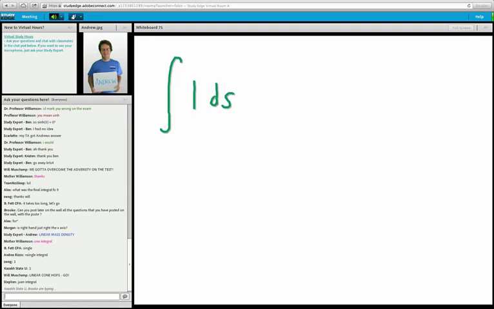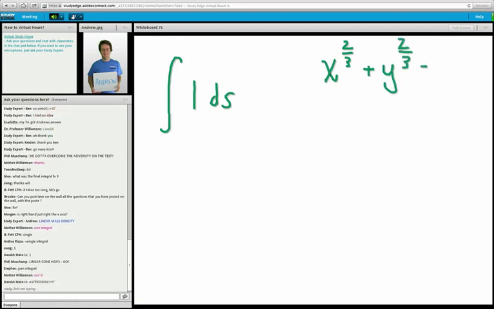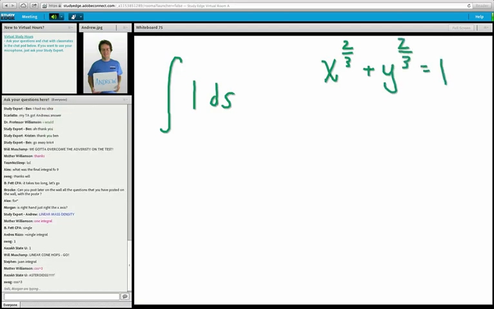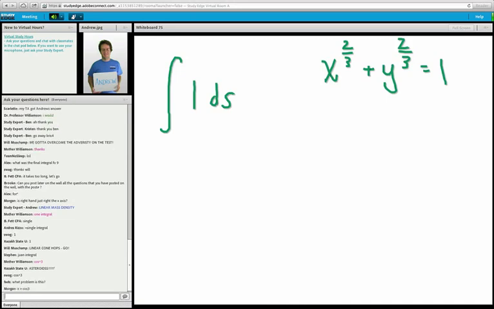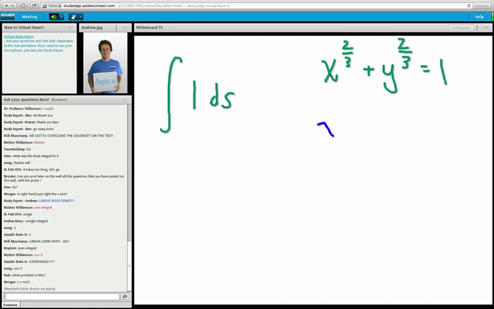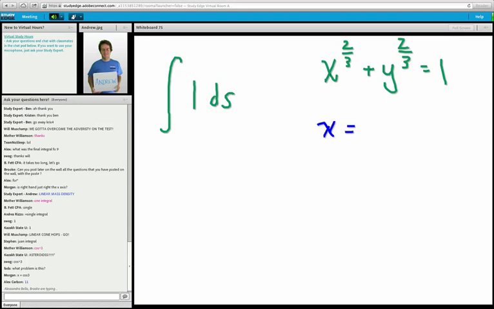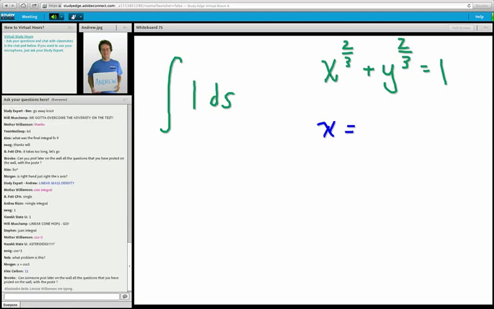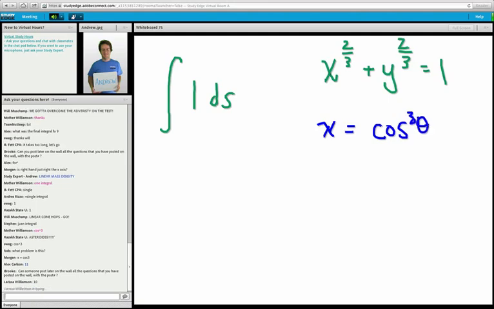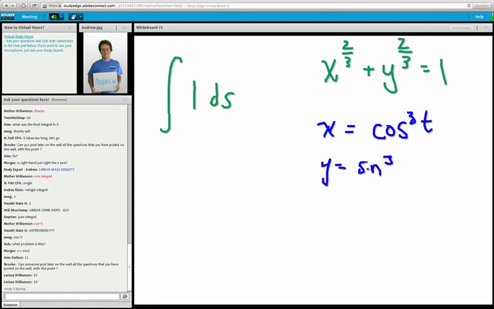So how might you parameterize x to the 2/3 plus y to the 2/3 equals 1? A lot of you are tempted to use r cosine cubed, r sine cubed. But you should only be using x equals cosine cubed t, or let's use t, I don't want to use theta, y equals sine cubed t.